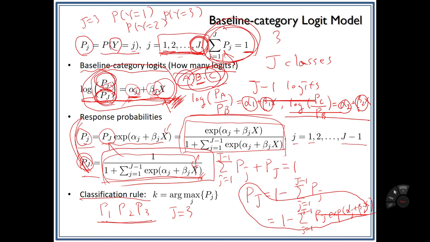So for example, if this value is 0.1 and this value is 0.3 and this value is 0.6, then we assign that observation to class 3, which corresponds to the largest probability. This formula explains the classification rule: simply assign to the class having the largest probability.